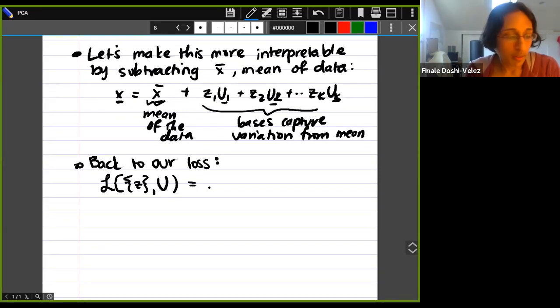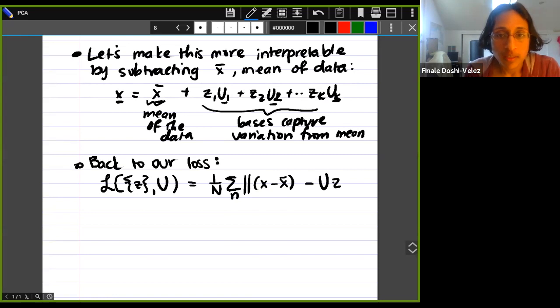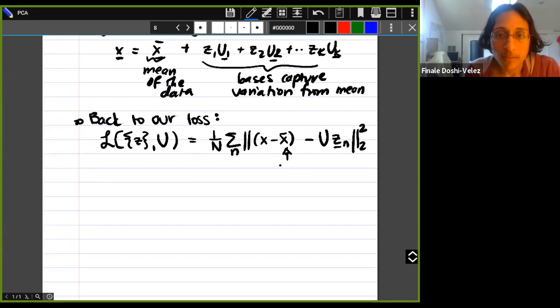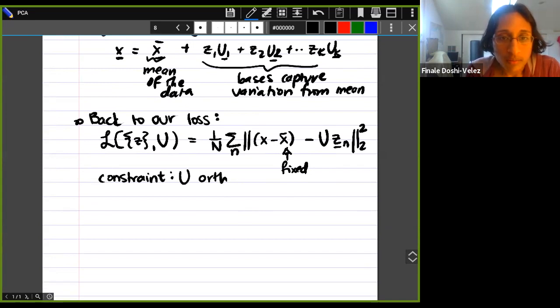And I'm going to write this as 1 over n, sum over n, and I'm just going to put in x minus x bar here, minus u z_n. So this is the loss that we're interested in. Again, this is some fixed thing that is computed from the data, and the constraint that u is orthonormal.